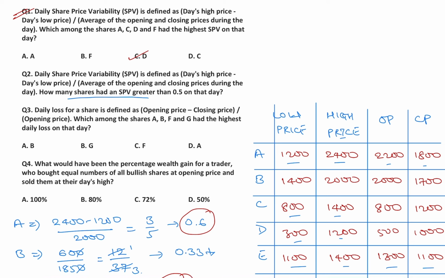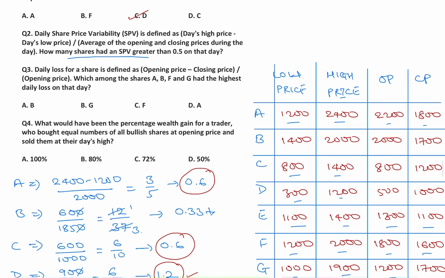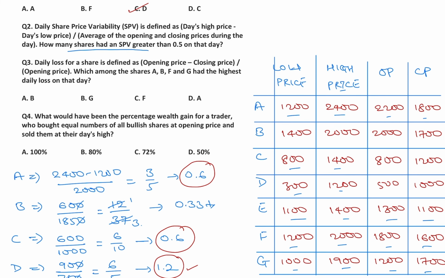Question number 2. Again, I need to find SPV. How many shares had an SPV greater than 0.5 on that day? Okay. So SPV greater than 0.5.